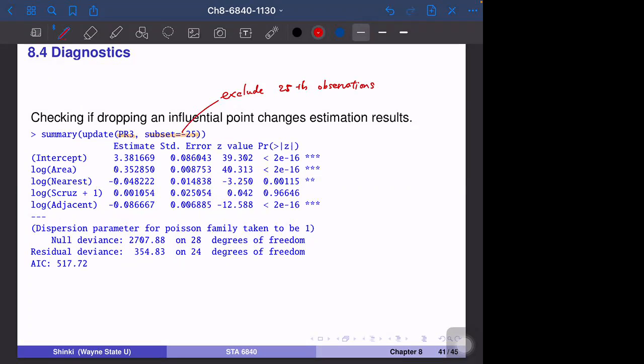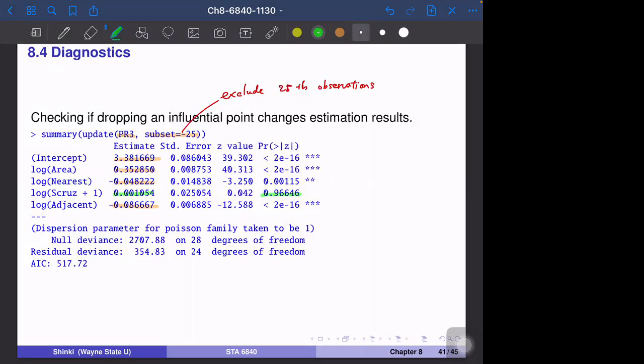Then these are the estimates, and you can compare this with the previous output. The first 3 and the last one are not much different, but this becomes smaller and less significant. Previously, all observations were significant, but here the distance to Santa Cruz Island becomes less significant after we remove the 25th observation.